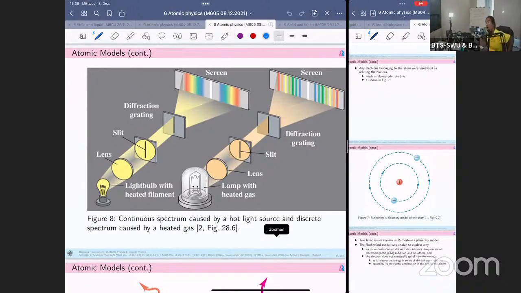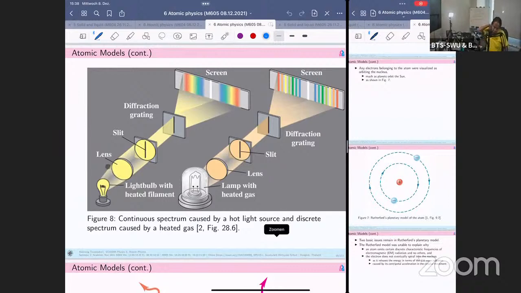If you have seen chapter 3, which is about alternating currents, you would see Thomas Alva Edison, the person who made the light bulb.